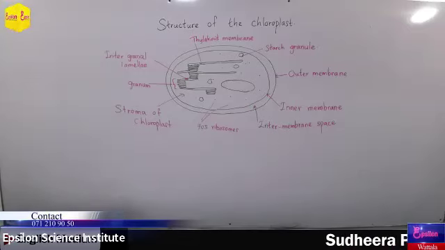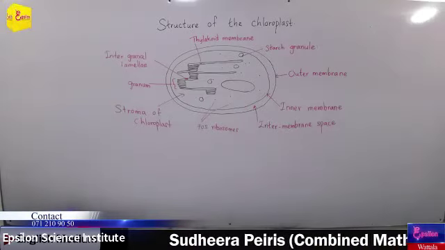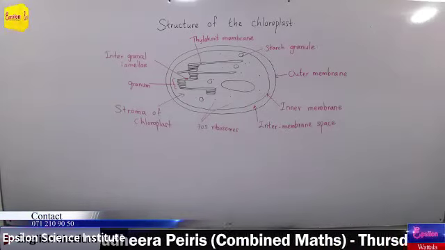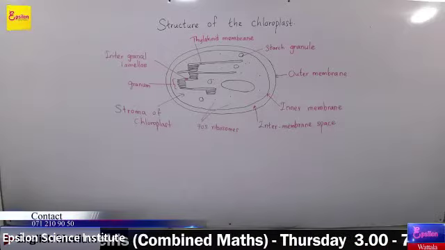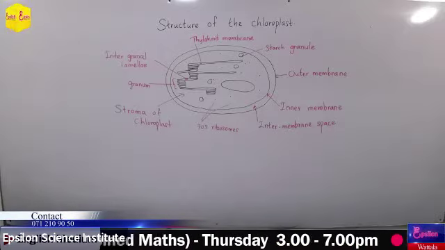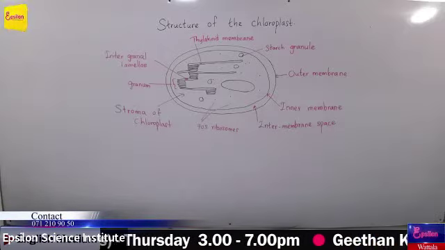Shall we write? Right, number 1. This is a double membrane bound organelle.